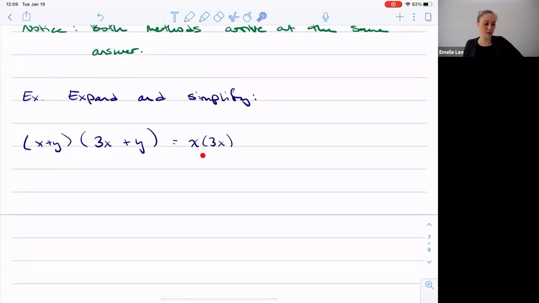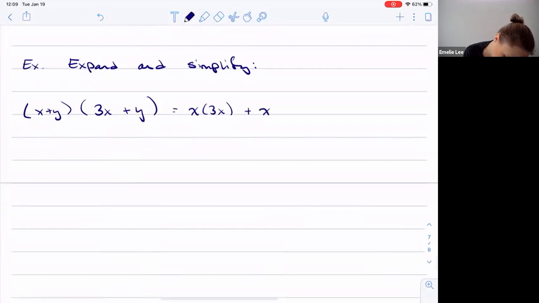When we're first starting, I'm going to write things out in the same order. As we move along, I'm going to rewrite this as 3x squared, since x times x is x squared. Eventually we'll start to simplify as we go, but for right now, I just want to illustrate that each term is hanging around. So plus x times y plus y times 3x plus y times y.